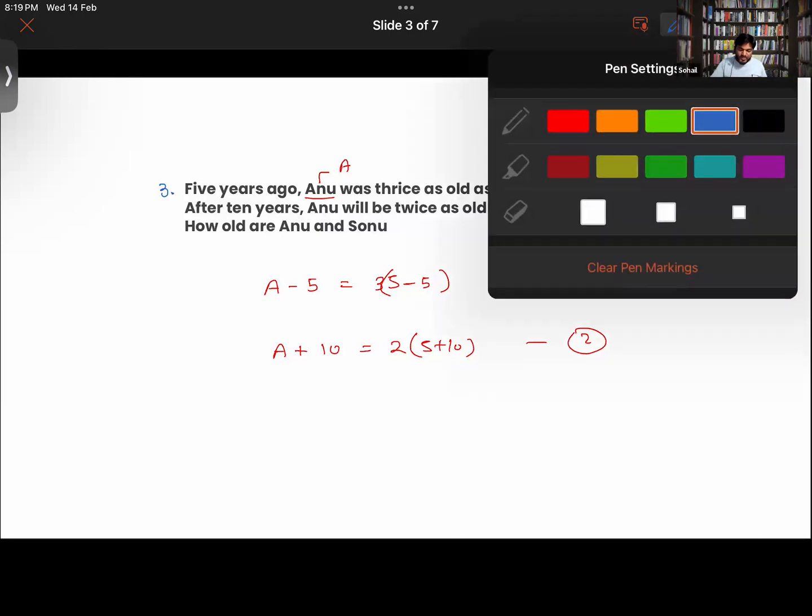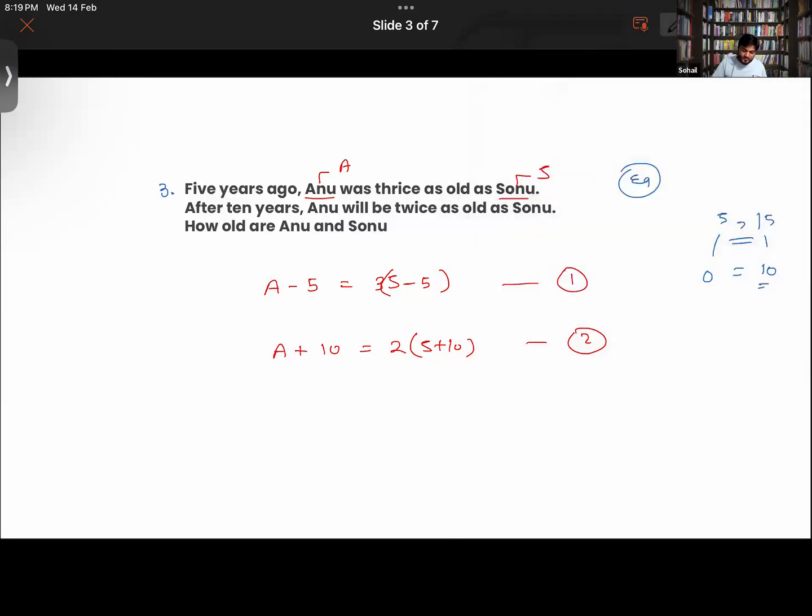So let's simplify the given equations first. Let's solve the first equation. A minus 5 equals 3s minus 15. So A equals 3s minus 15 plus 5. So A is 3s minus 10.